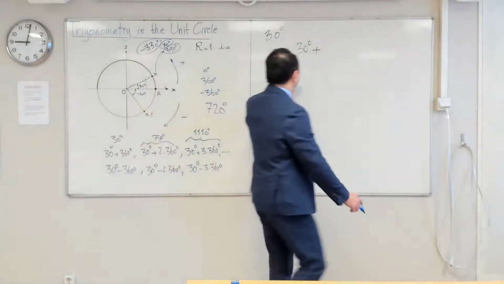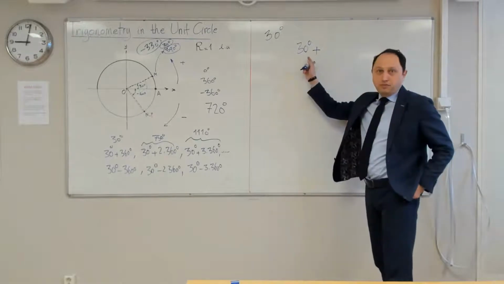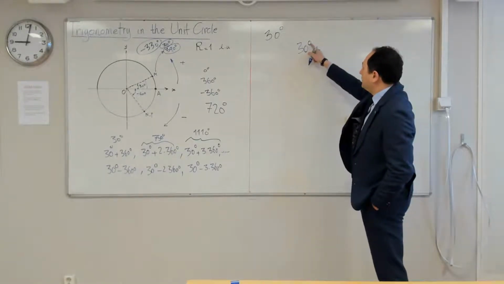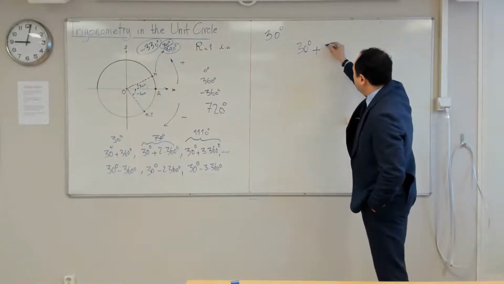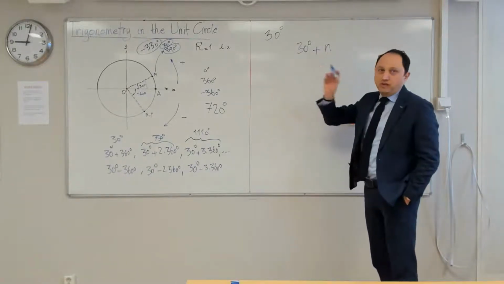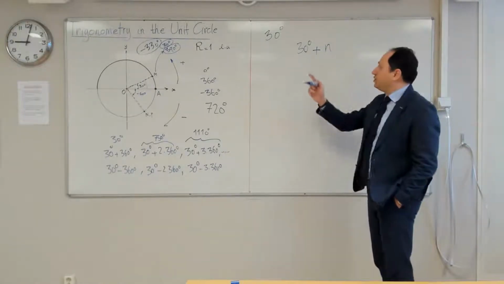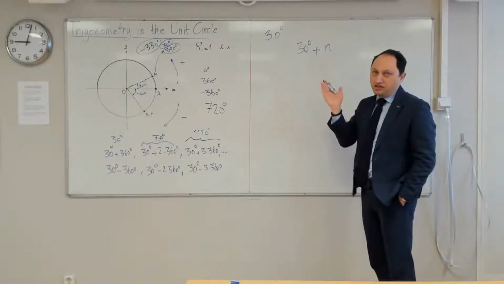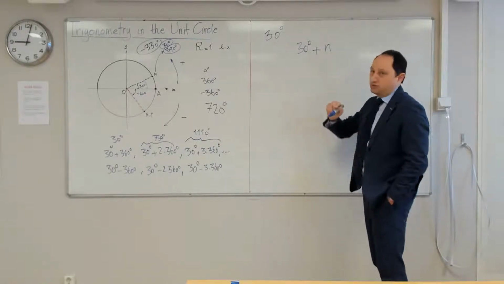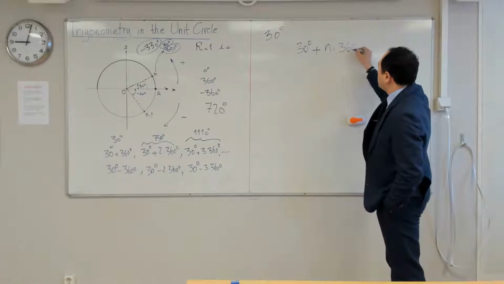Okay, so instead of writing plus and minus, let me write this trick. This is the trick that people use. They write 30 degrees plus n, because usually in mathematics, when we want to give a symbol for discrete numbers, integers, we use n, not x. But that is not mandatory, but let us respect the rules. So I will write n multiplied by 360 degrees.